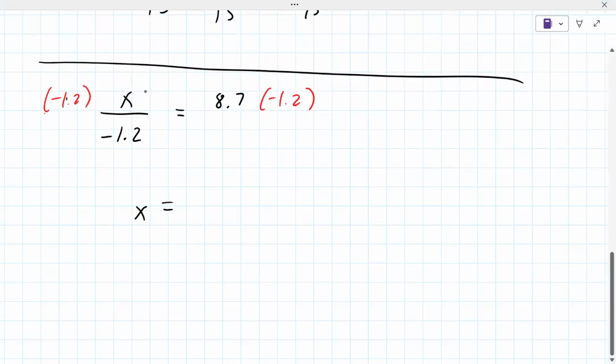So you'll have to work that out. 7 times 1.2, 7, 14, 8, 16, 7, 8. Negative 10.44.